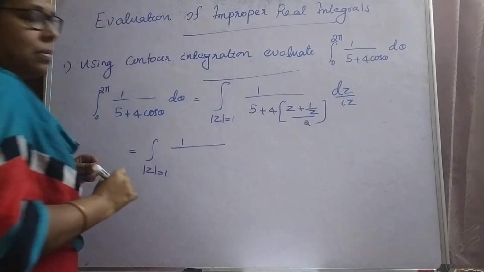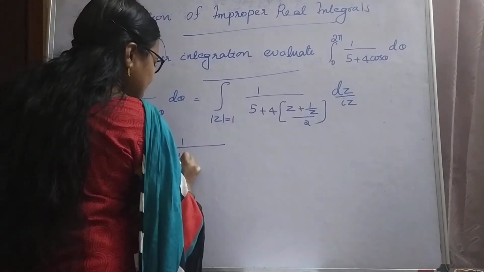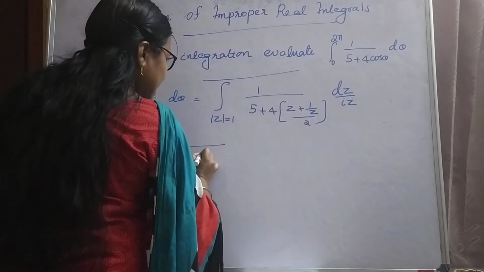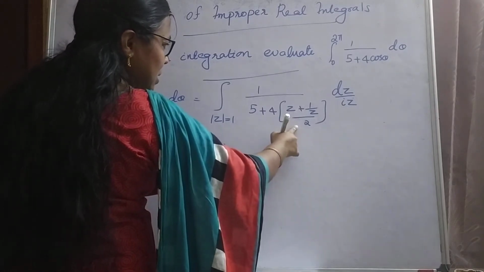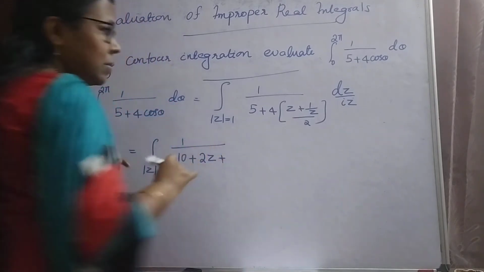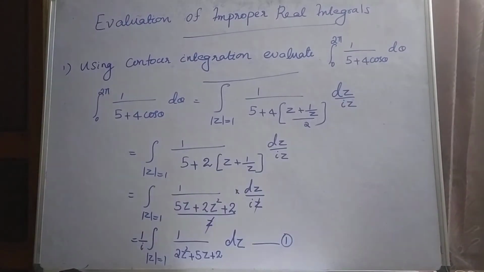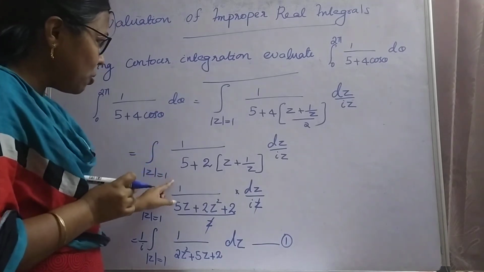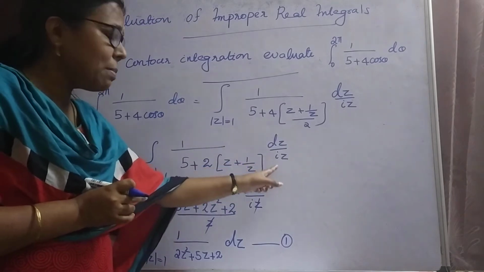Which is equal to integral over mod z equal to 1 of 1 by 5 plus 2 into z plus 1 by z, dz by iz.